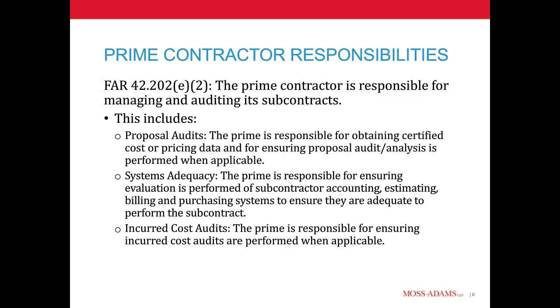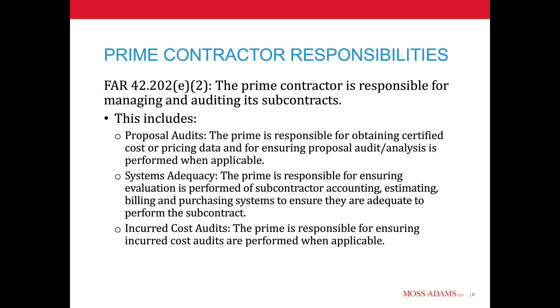And systems adequacy is also a responsibility of the prime, and it depends upon the nature of the prime's contracts with its subs. Does the prime have any cost type or flexibly priced subcontracts? If so, there's going to be a focus on accounting, timekeeping, and purchasing systems to make sure they're adequate to perform on that subcontract.